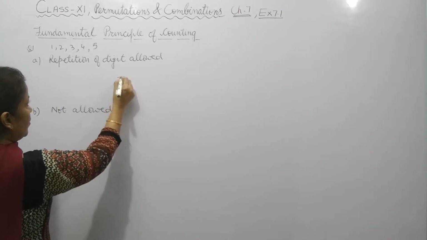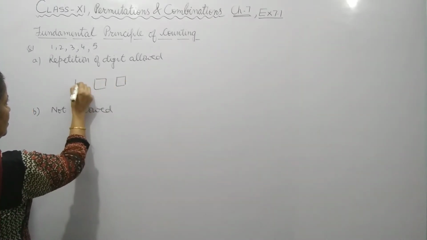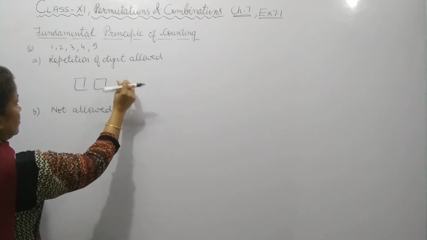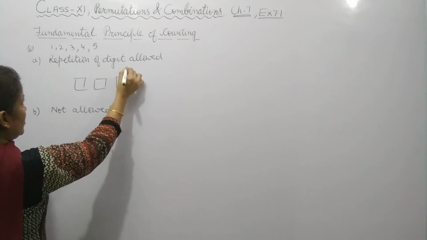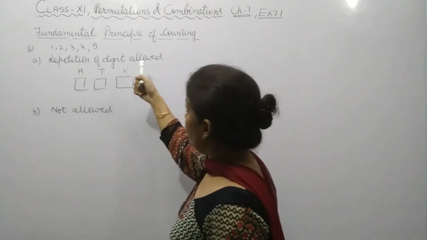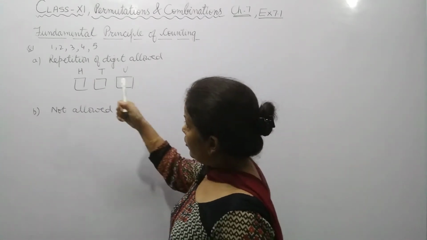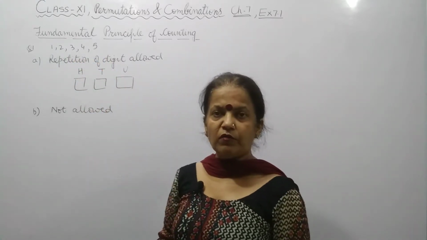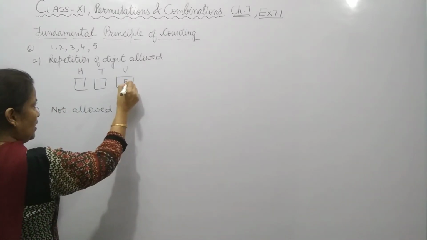Let the 3-digit number have units place, tens place and hundreds place. Repetition of digits is allowed, you can repeat the digit. So out of these 5 numbers, at the units place we can take any number.